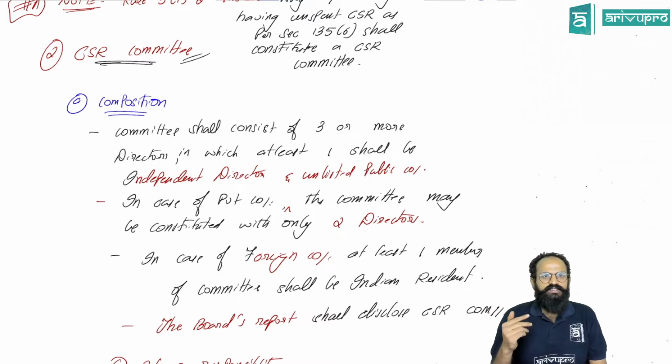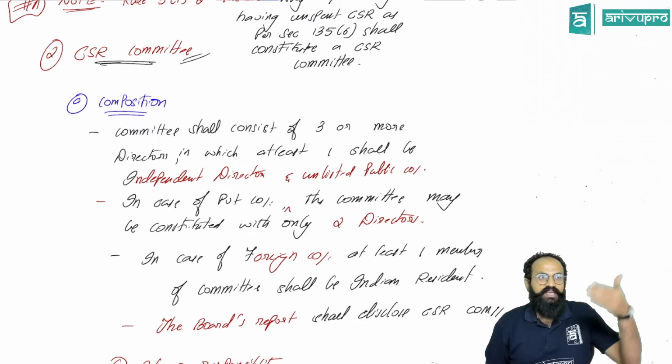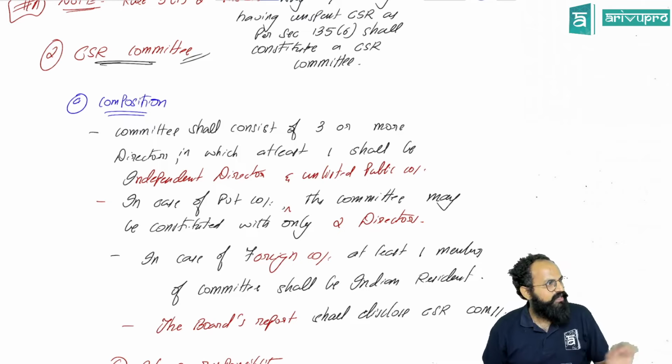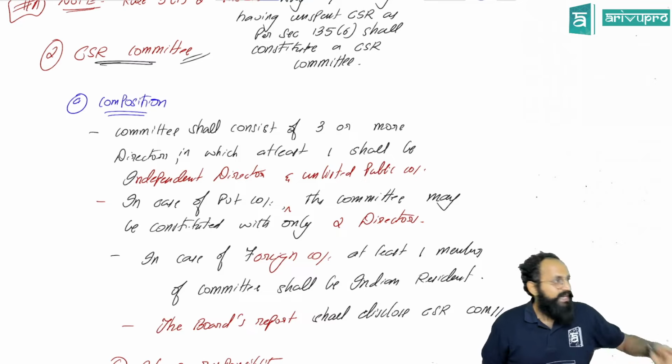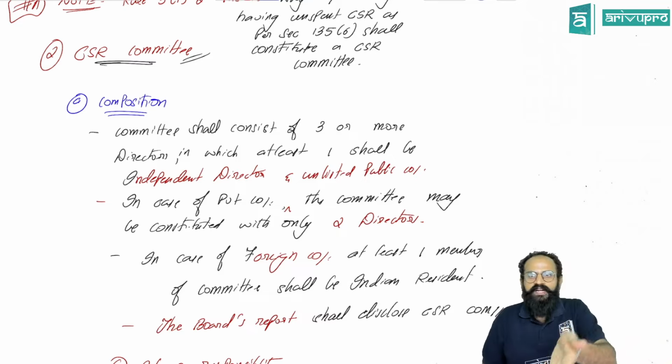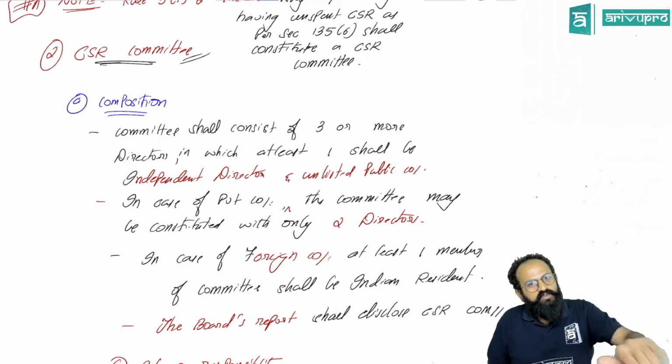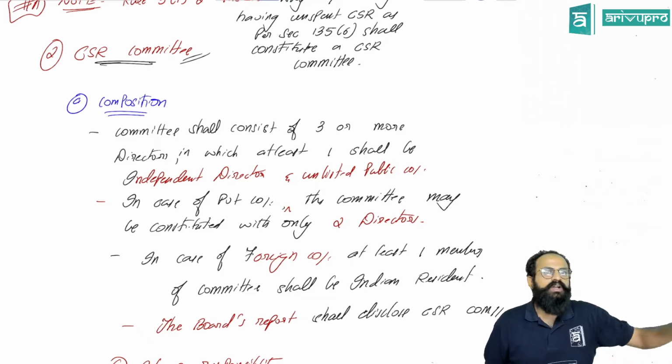Exceeding 50. Is it for public company or private company or every company? So unlisted public company, if they are not satisfying those criteria, independent director is not applicable. Then how do I form my committee? They are telling you, for unlisted public companies and private companies, if an independent director is not there, then okay, form a committee without an independent director.